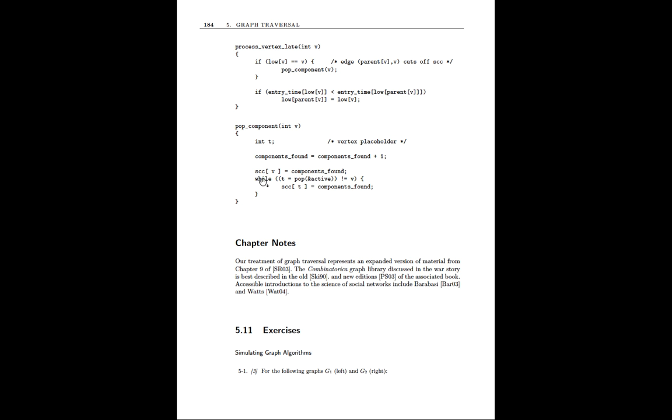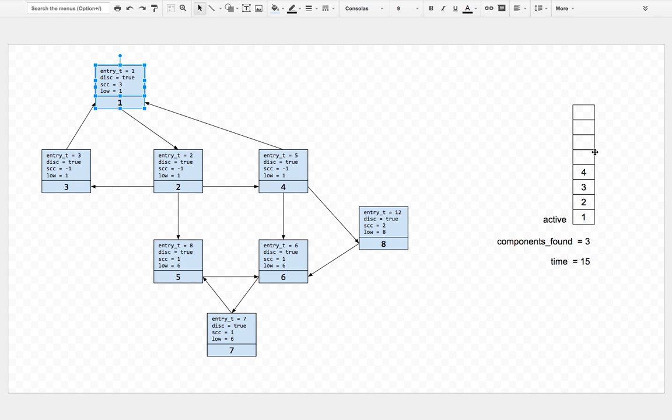And then, while I can pop things off the stack and they're not equal to 1, I'm going to set the components of those things to be components found. So I'm going to sequentially pop things off the stack, starting with 4. And then I go over to 4 and set its SCC to be 3, which is the current components found. And then I pop another item off the stack.